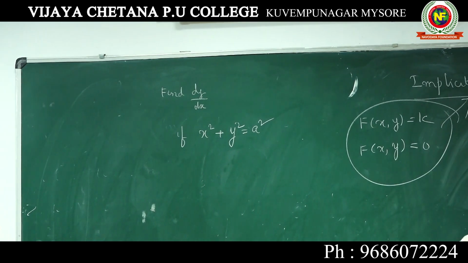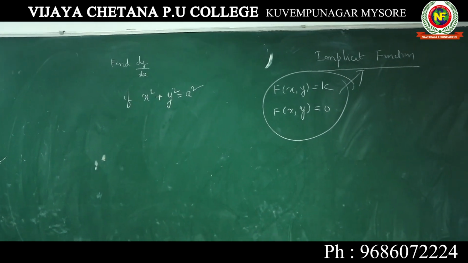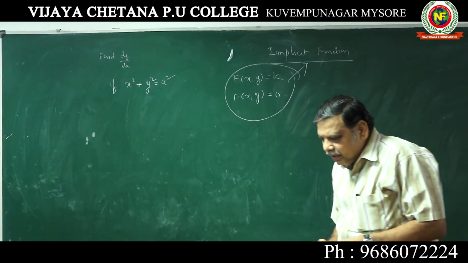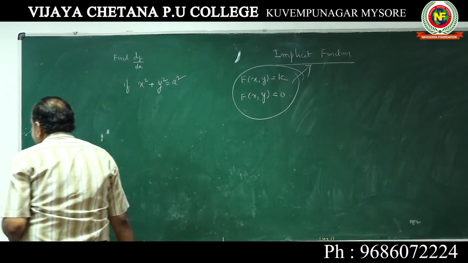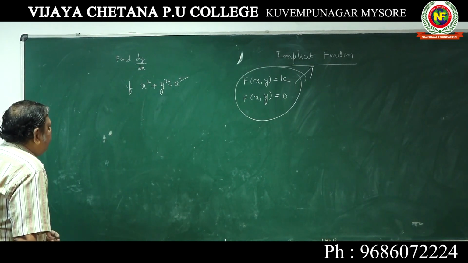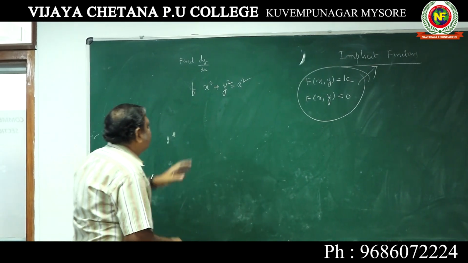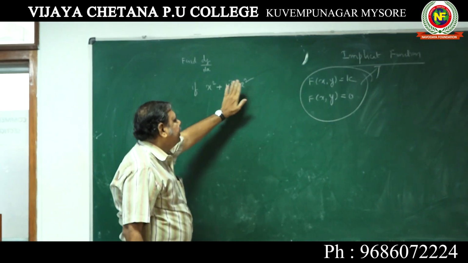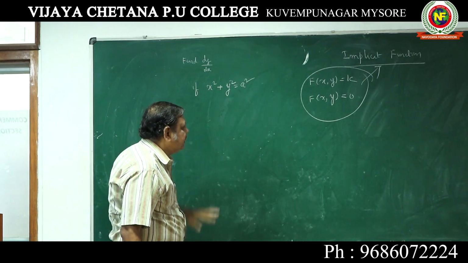So such a function we call an implicit function. You must identify in differentiation, identification of function is very, very important. In calculus, you have to identify whether the function is explicit, implicit, parametric, so many functions are there. Here it is implicit function because x is also there, y is also there, and there is no need to separately put y is equal to something.